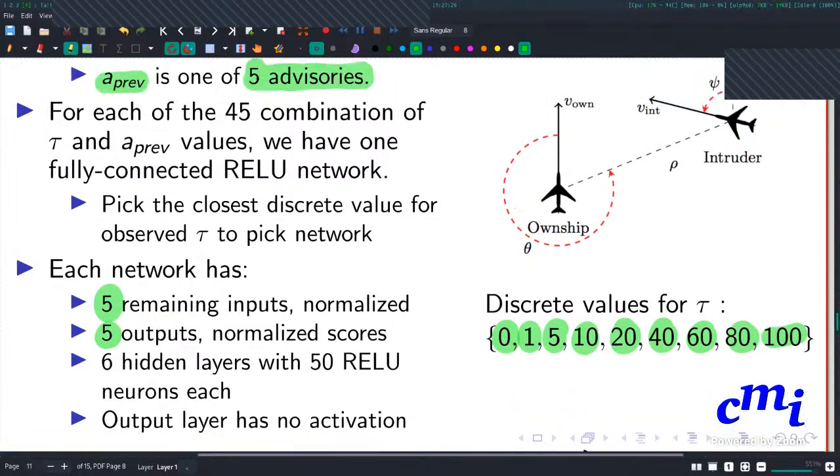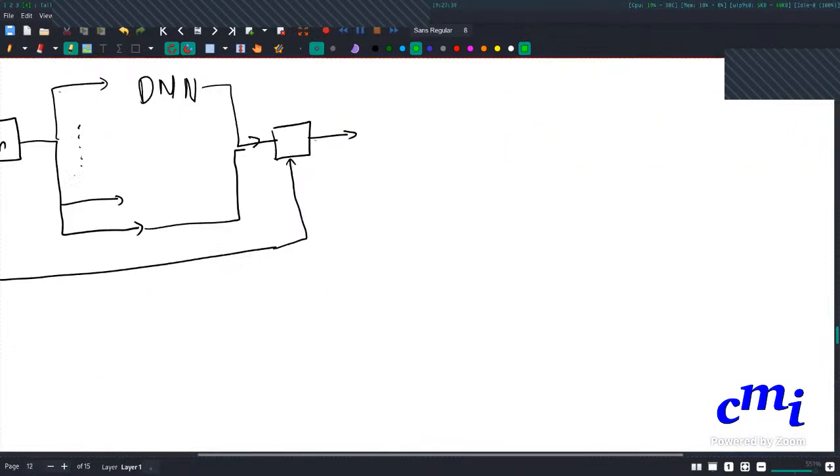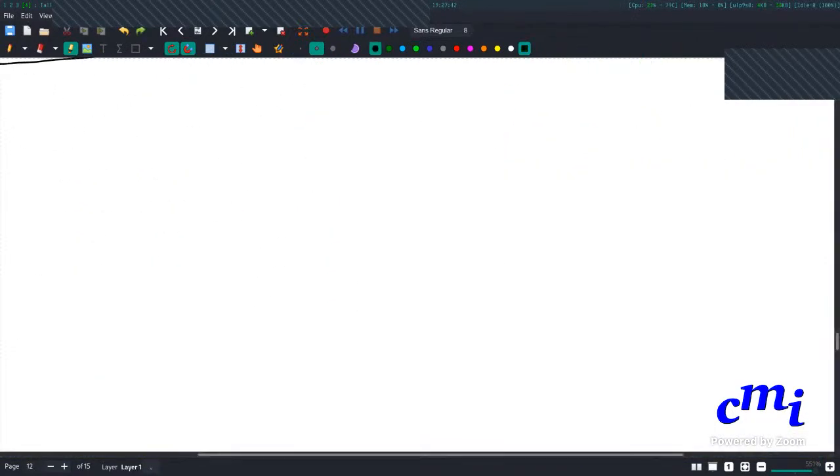Okay, so then each DNN, other than that, has 6 hidden layers with 50 ReLUs each. And the important thing is that the output layer actually has no activation, right? So the way it looks is this. You have 5 inputs, so this is a 5-dimensional input vector.